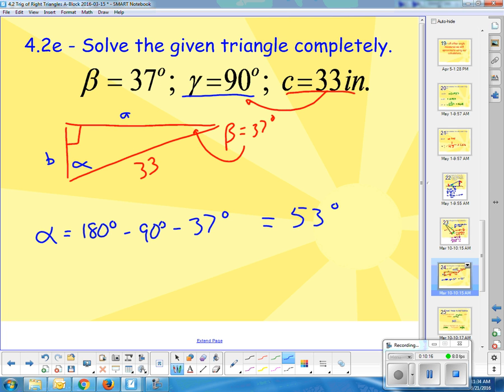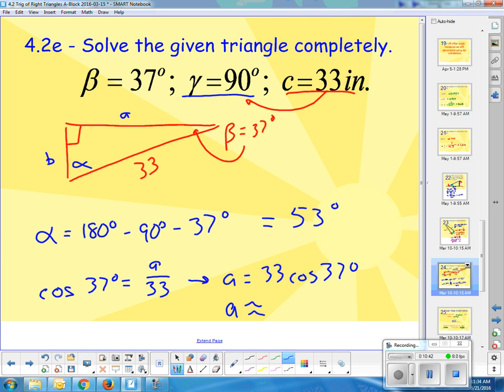All right. So I'm going to use beta to find A first. A is the side adjacent to beta, so I'm thinking cosine. Cosine of 37 degrees is equal to the adjacent side over the hypotenuse. That will become A equals 33 cosine of 37 degrees.